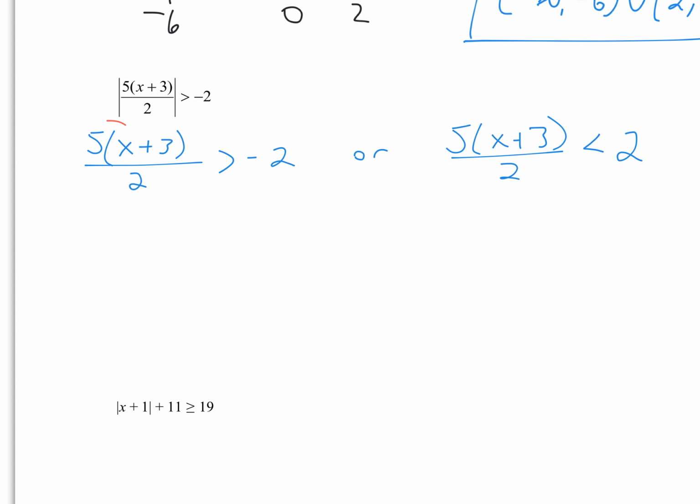So let's solve this first one. Well, we need to distribute the 5. x plus 15 over 2 is greater than negative 2. I will multiply both sides by 2. These 2's cancel.